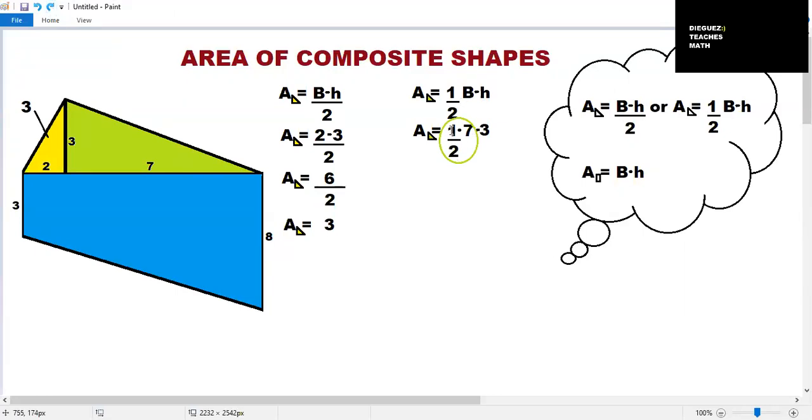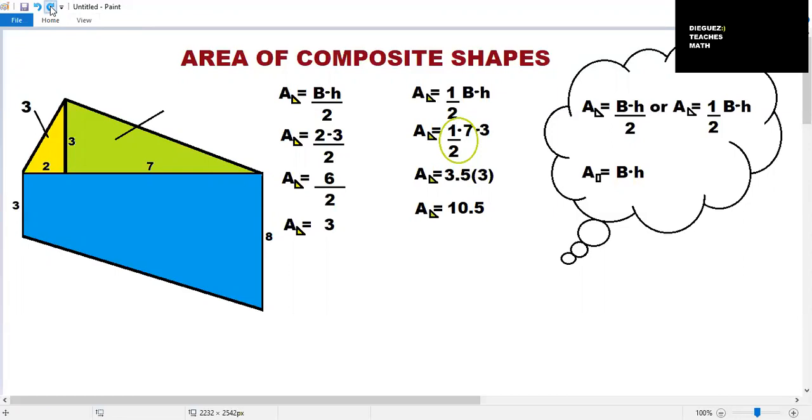I could even say 1 times 7 times 3 and then divide by 2. It's the same thing, but just to keep it simple, I'm just going to do 1 times 7, which is 7, and then divided by 2. 7 divided by 2 is 3.5, and then of course we have times height, which is 3. 3.5 times 3 gives us 10.5, meaning that the area of this green triangle is going to be 10.5.